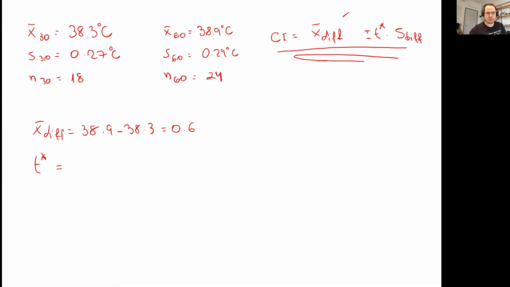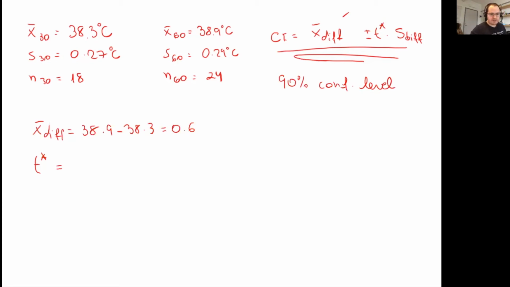Let me see which one I used before. Yes, let's say it's a 90% confidence level. So I'm going to write it here. What does that translate to in terms of t star? Well, I'm going to open that same calculator that we used before.